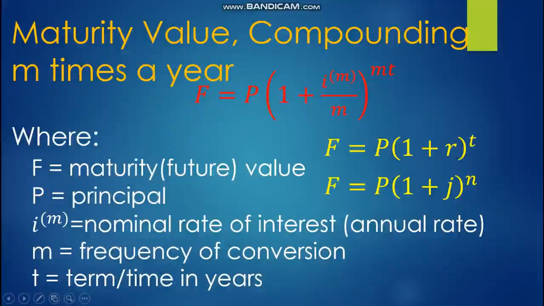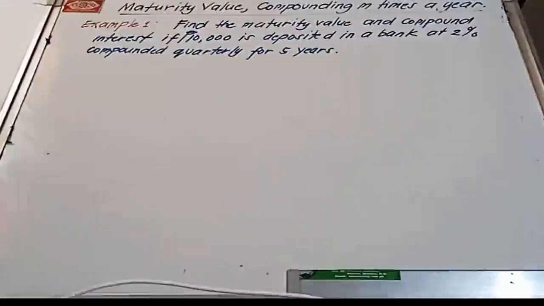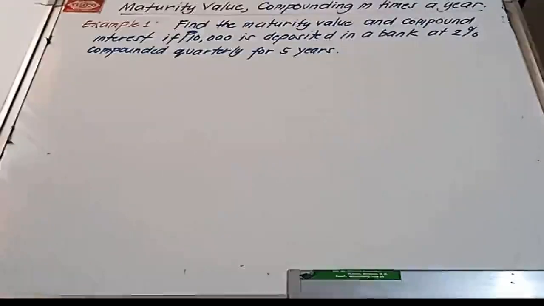At yung j natin, ito yung quotient na sinasabi ko kanina. Okay? You will learn how to use this formula from my next videos. That is, I'm going to give you 3 examples on how to determine the maturity value compounding m times a year.